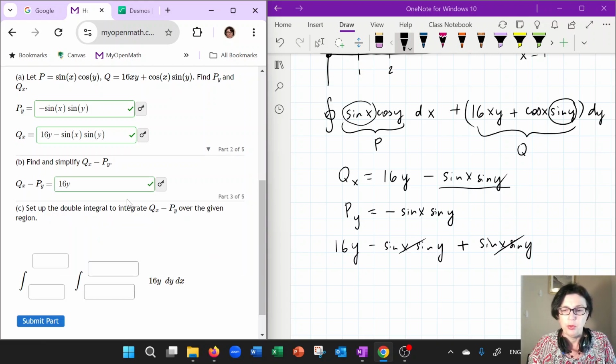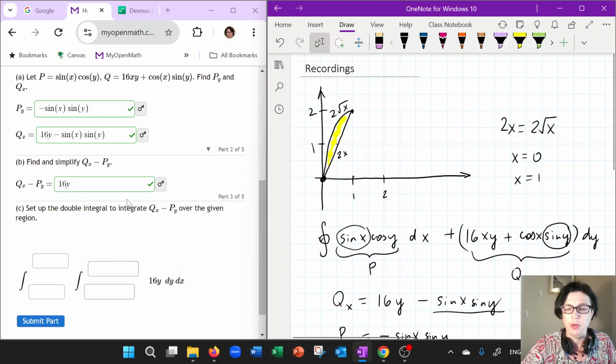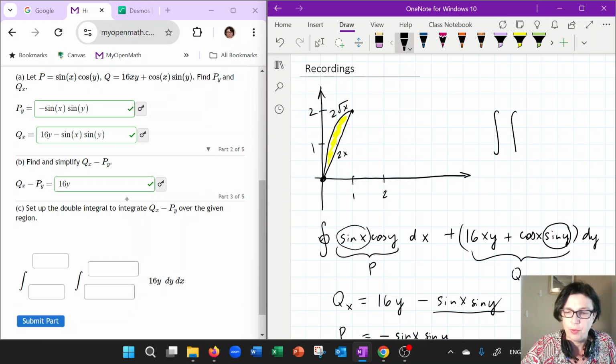All right, now to set up the double integral, we need to remember that this region is actually a type 1 region. So let's recall how to do that. Let me erase this right here. First of all, we are integrating 16y dy dx. The x limits are always the extreme values of x. So here x changes from 0 to 1.